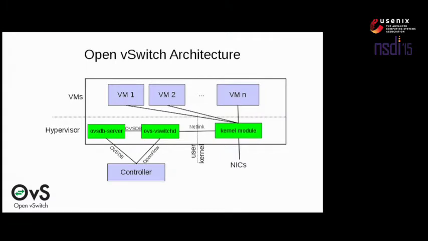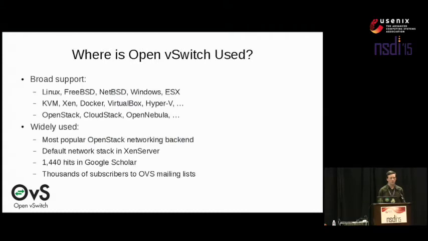The green components there are the pieces that are actually part of Open vSwitch. Starting from the left, we have OVS DB server, which is very much just a database server. We use it to keep track of and control the configuration of Open vSwitch. It talks remotely over the OVSDB protocol to a remote controller that manages the network centrally.